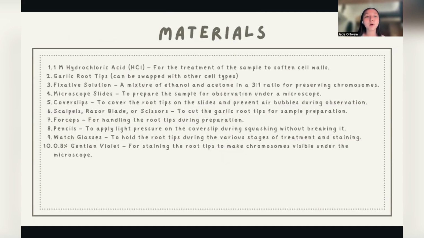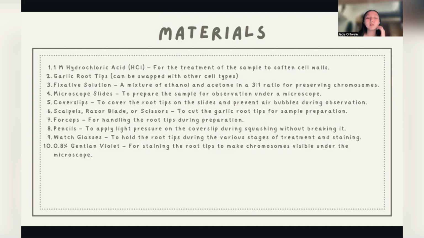Here are the materials required, such as hyaluronic acid, garlic root tips, which can be swapped for other cell types, such as animal cells. In this case, cancer happens in humans, so animal cells will be closer to the structure of human cells.